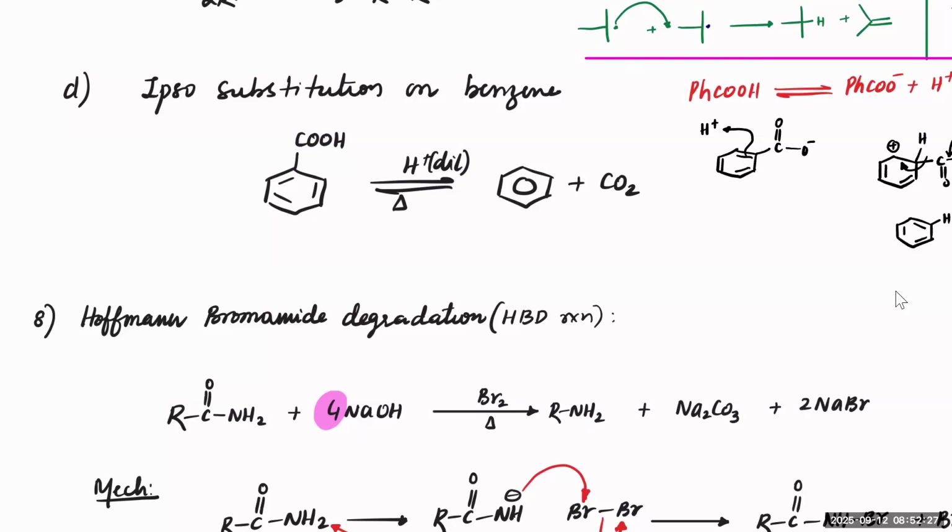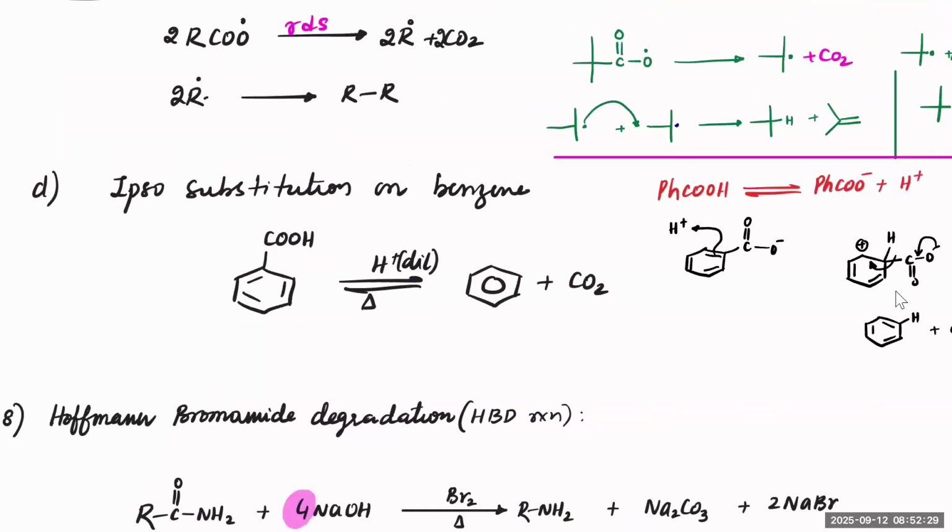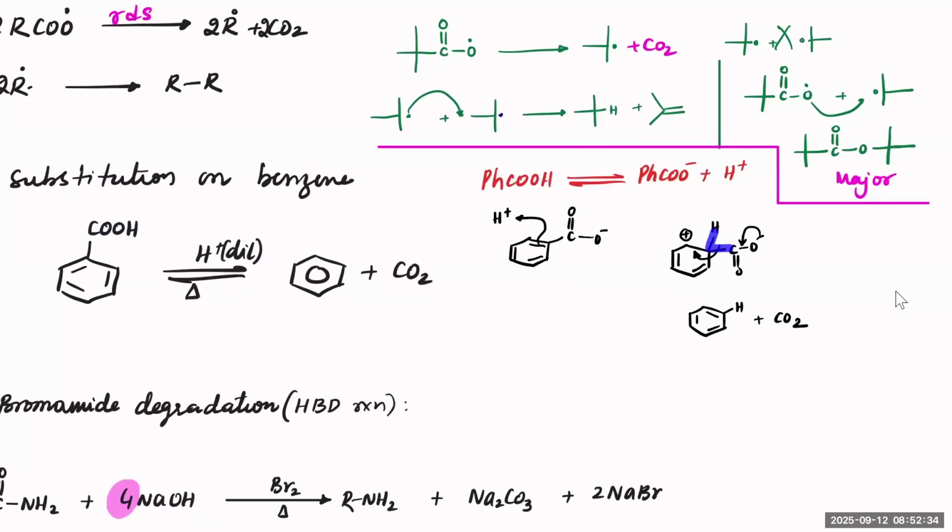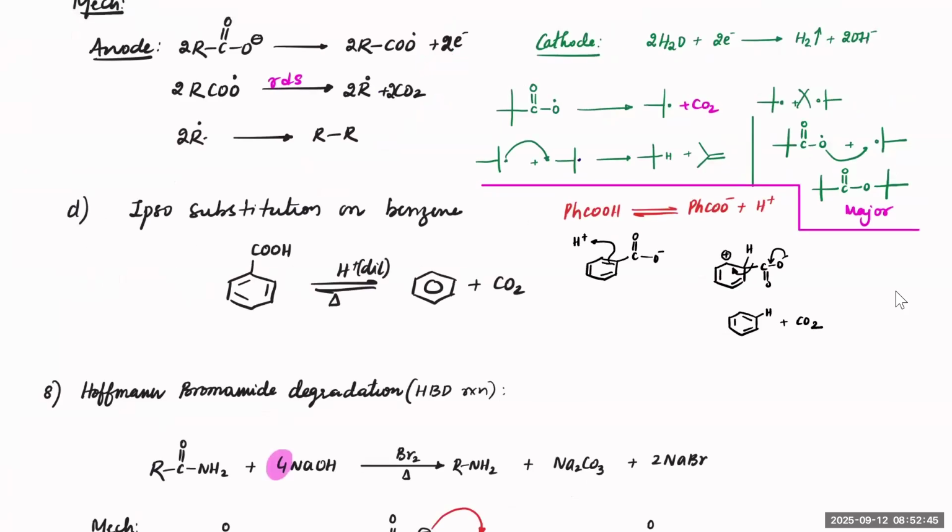That's why you will see the pi bond from here will attract H plus. You will get this form, and then the bond between carbon and carbon will break, making a double bond plus CO2. So you'll get benzene plus CO2. Clear?